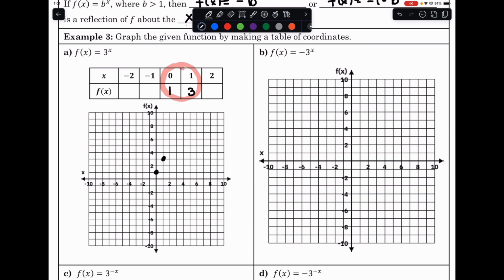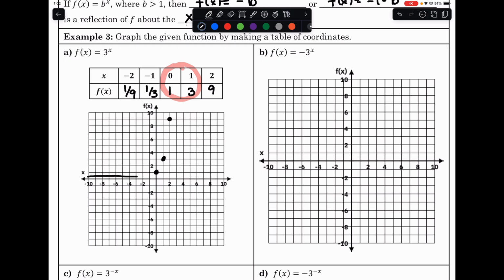And then we have other points we can use. That's 2, 3 to the second power, that's going to equal 9. So the reciprocals would be 3 to the negative 2 power, that would be 1 over 9. And then 3 to the negative 1 power would be 1 over 3. So 2 will have a y value of 9. I can plot that point.